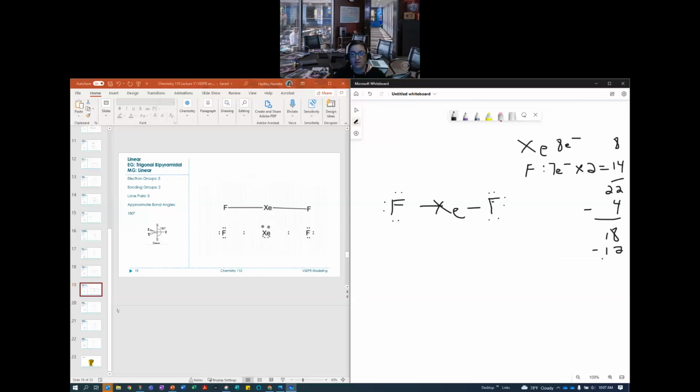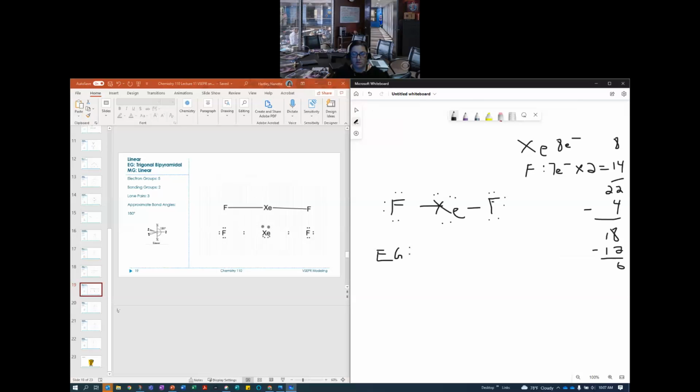That leaves me with 6 electrons that I need to distribute. And I go 1, 2, 3, 4, 5, 6. So I now have around my central atom 5 things.